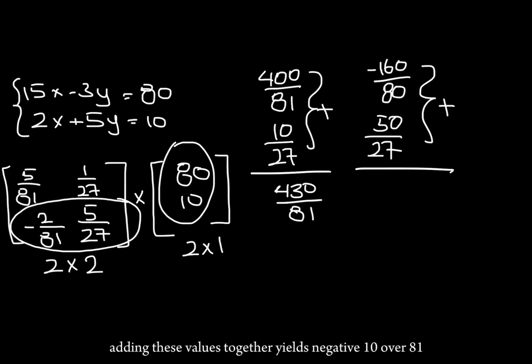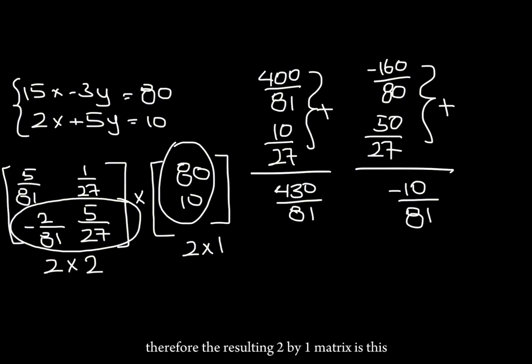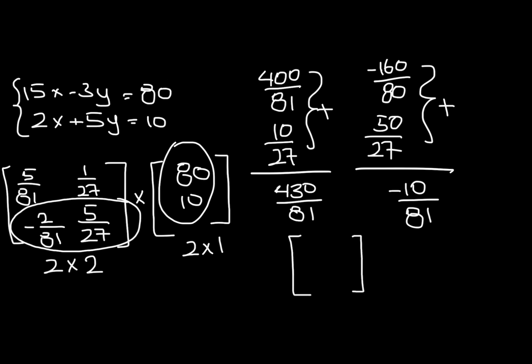Adding these values together yields negative 10 over 81. Therefore, the resulting 2 by 1 matrix is this: 430 over 81 and negative 10 over 81.